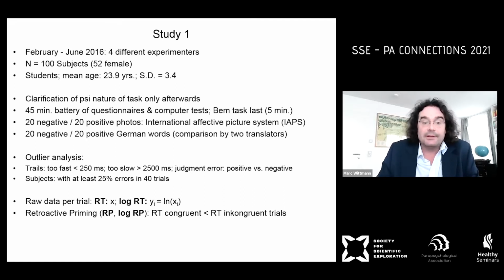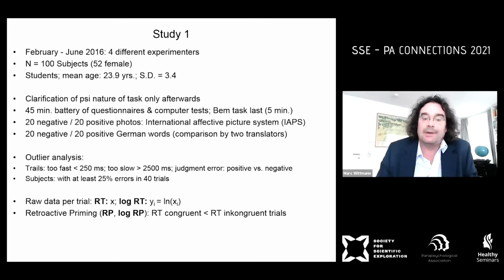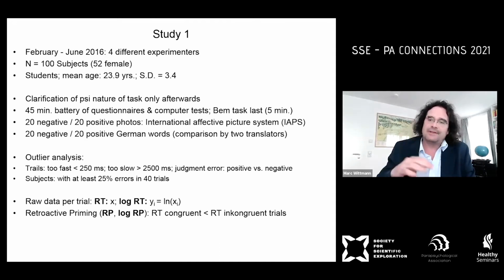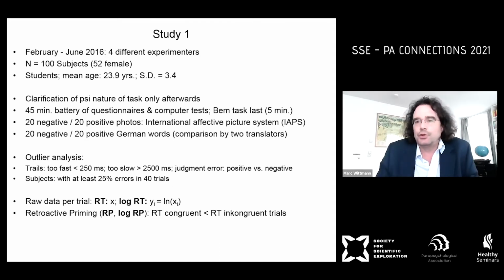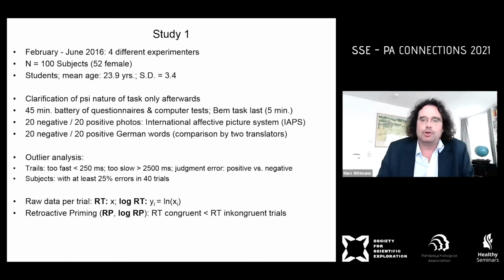So we have raw data per trial, that is the reaction time, but we also have a logarithmic transform, the natural logarithm of the reaction time. Why is this done? Because reaction times are typically skewed and then we don't have a normal distribution, and with this logarithmic transformation they are basically pushed back into a normal distribution.